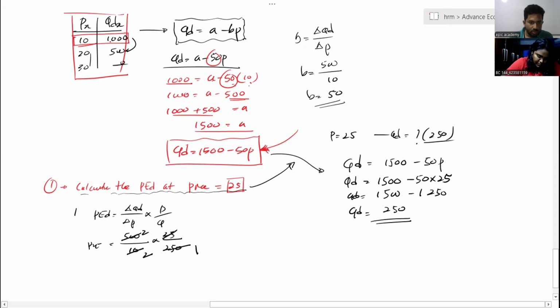Just 2, 5. That means 2 multiplied by 5, 2 multiplied by 1, that means 10 divided by 2. This is 5. PED is just 5, isn't it?